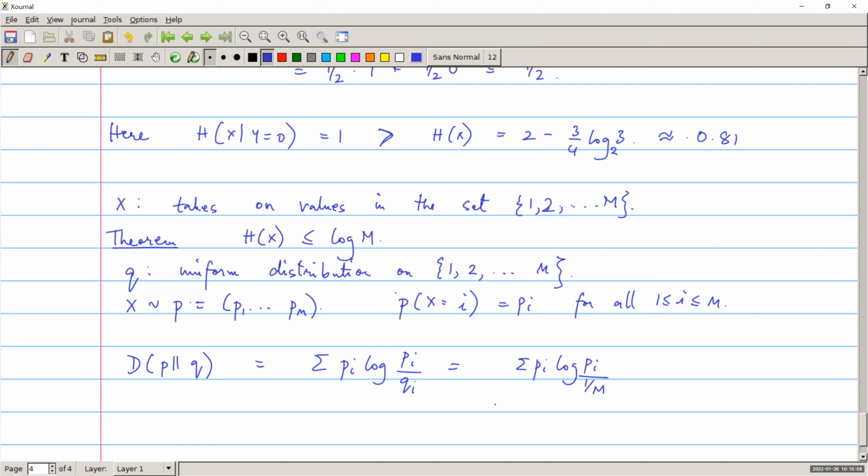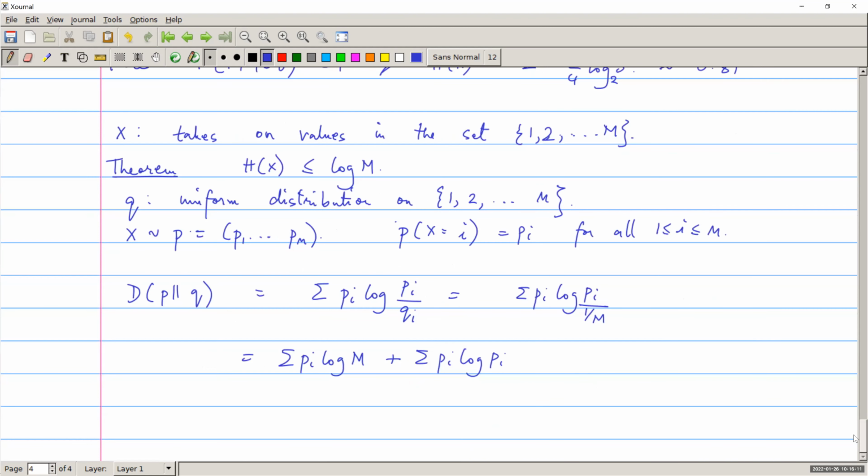Now I'm going to just write this as summation pi log n plus pi log pi. Now in the first summation, the summation of the probabilities is 1, so the first summation is just log n.